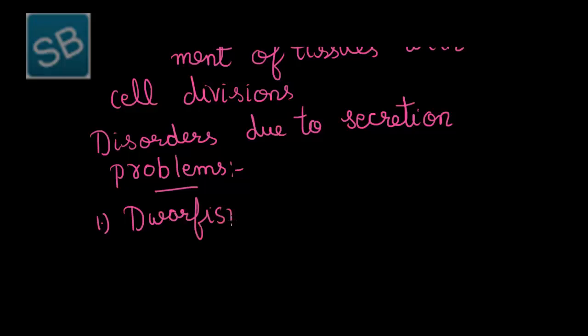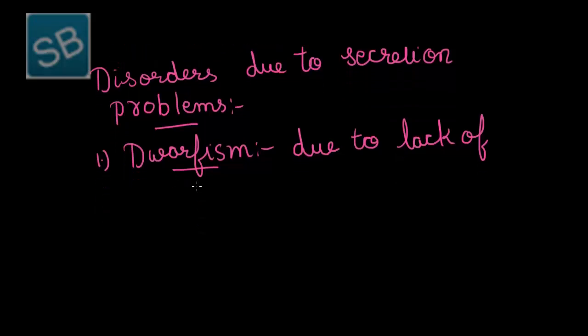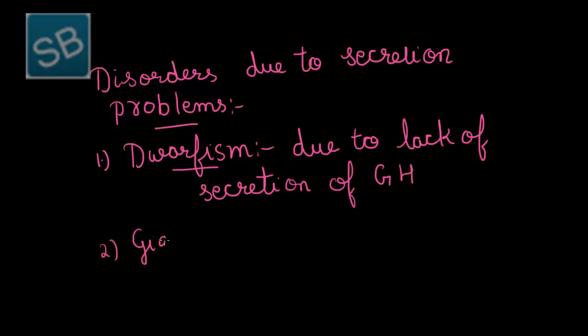That is, here the person remains dwarf due to the lack of secretion of growth hormone, that is GH. Second is gigantism. This disorder occurs due to excessive secretion of growth hormone or GH.